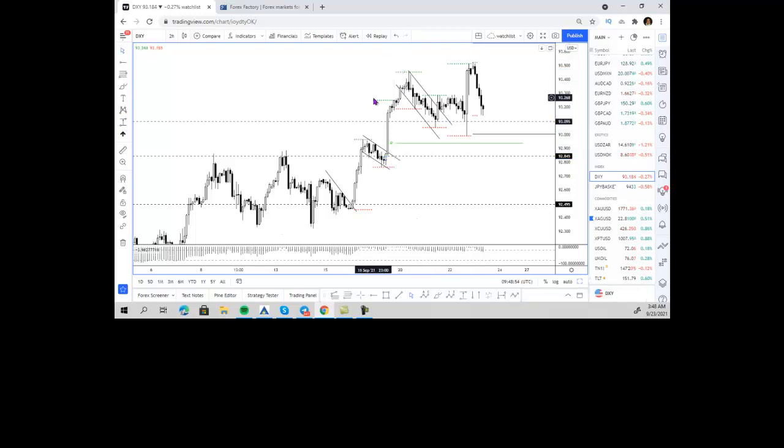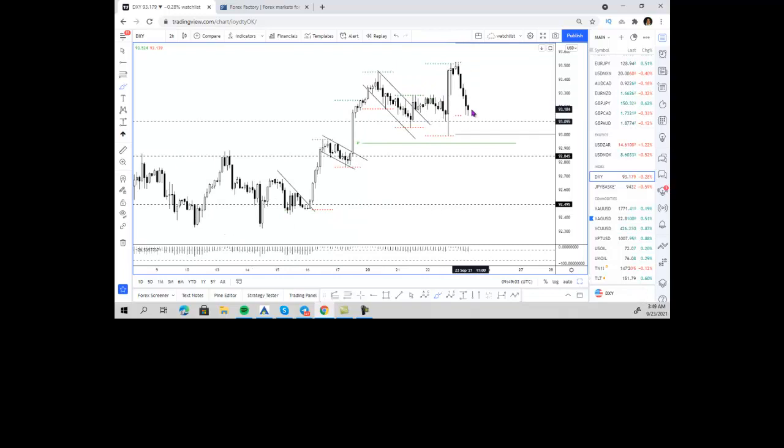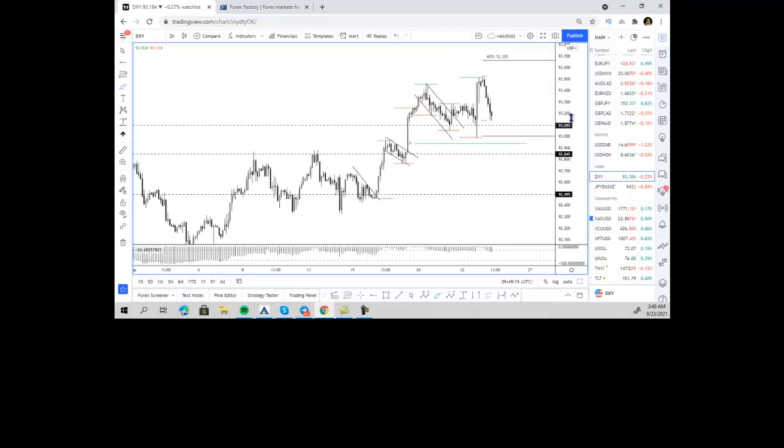So this is very choppy and very ranging. Right now, the DXY is in no man's land. For me, there is no trade, whether to the upside or to the downside. I'm just going to have to wait to see clear direction on this market.